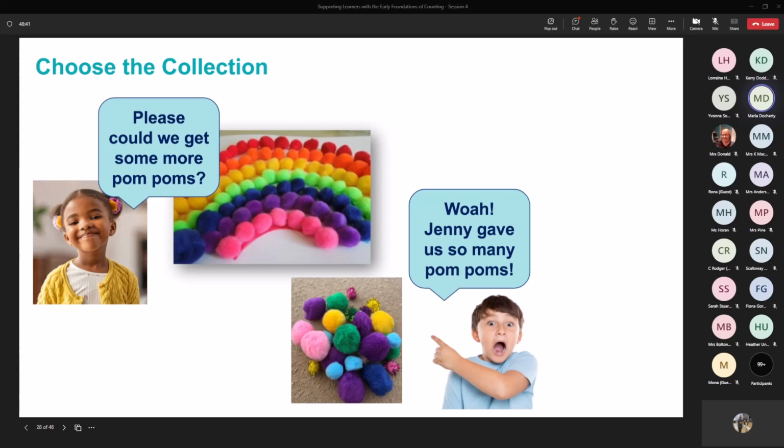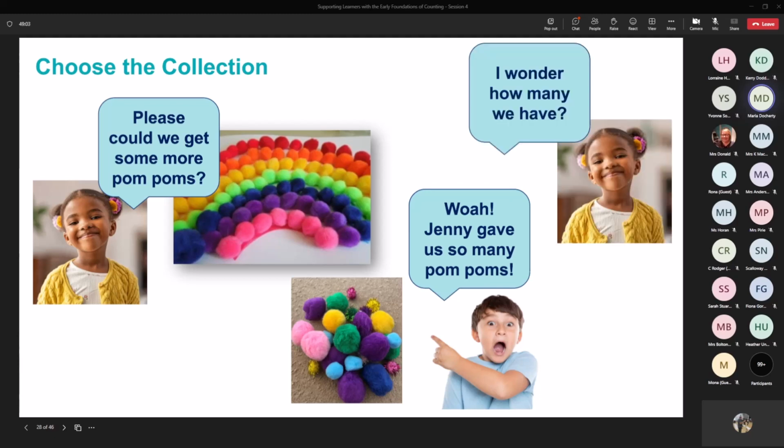And again, that is a very natural expression in reaction when children have got these collections, they kind of go, oh, there's millions. And it's good to listen in and observe their reactions when presented with these really colourful and engaging collections. And hopefully you can resonate with some of what you're seeing in terms of Daniel saying, wow, there's so many there. They're almost thinking, where do we start?